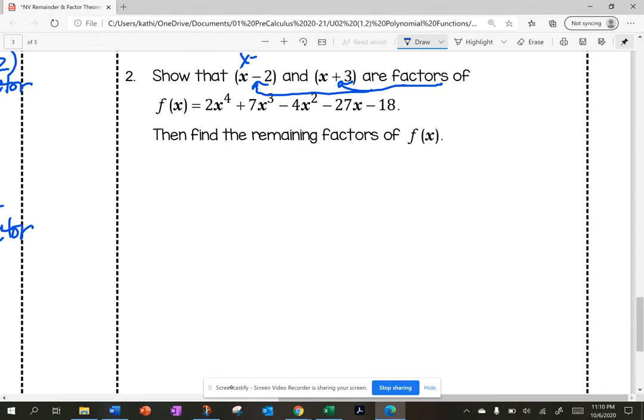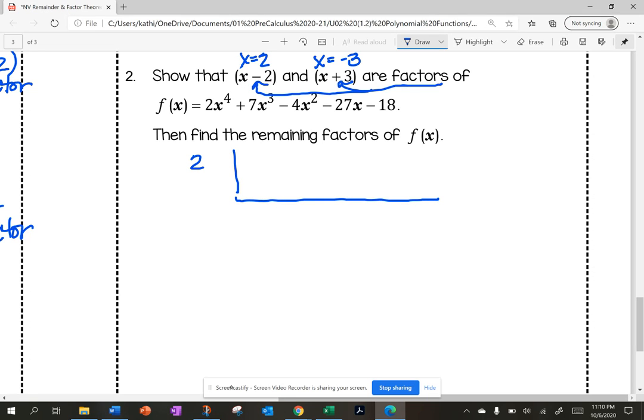So the zeros are x equals 2 and x equals -3. Okay, so I'm going to start out with this 0, x equals 2, and I'm going to set up.